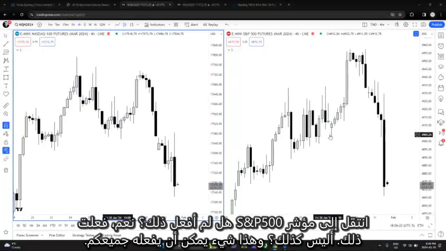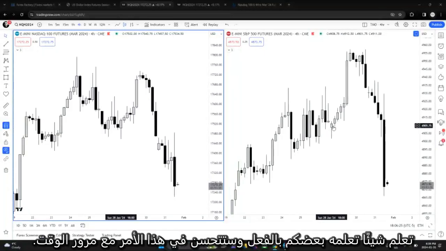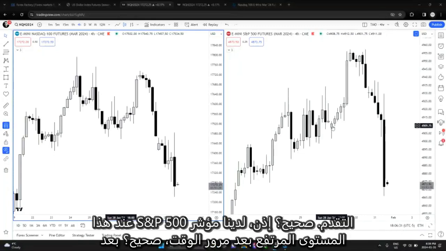And this is something that all of you guys can learn, and something that some of you have already learned, and you will get better at this as we progress, right? So we have the S&P 500 taking out this high after the time has passed, right?